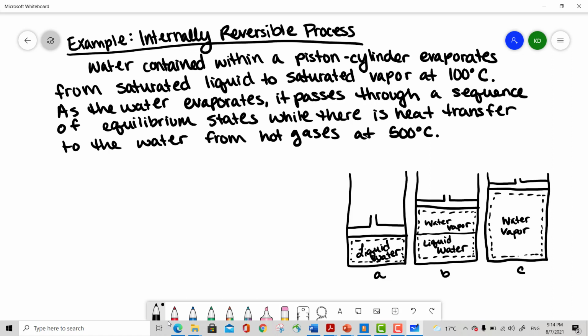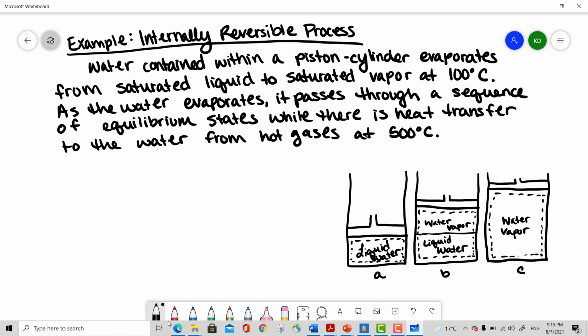As the water evaporates, it passes through a sequence of equilibrium states, while there is heat transfer to the water from hot gases at 500 degrees Celsius. So this clues you in: it passes through a sequence of equilibrium states. That's just what we talked about, quasi-equilibrium.